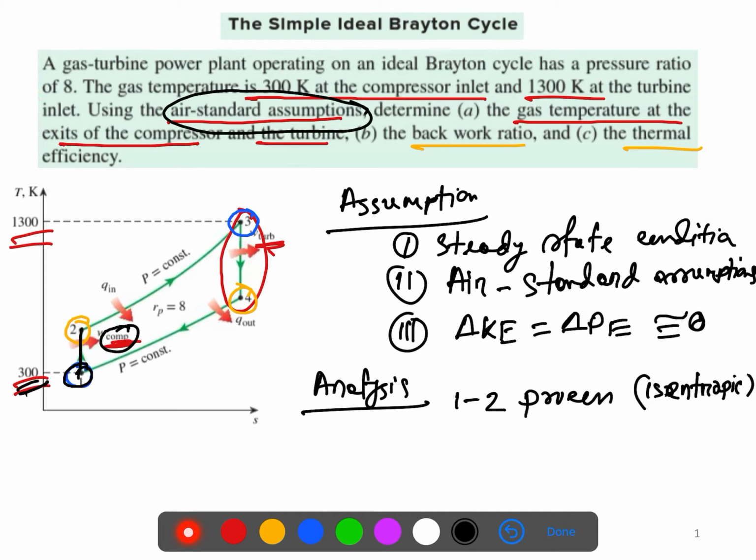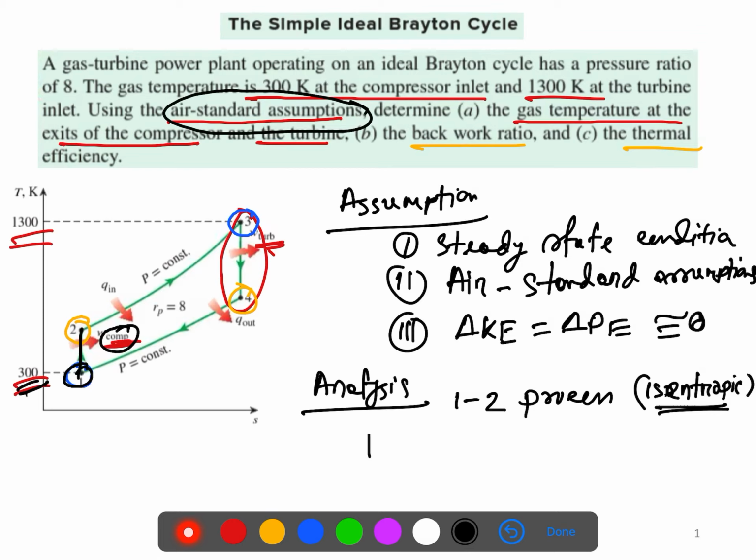In this case, we will consider this problem. You can see this is a gas turbine power plant, so this is an ideal Brayton cycle. So we will consider this is the isentropic compression for an ideal gas for process 1 to 2.